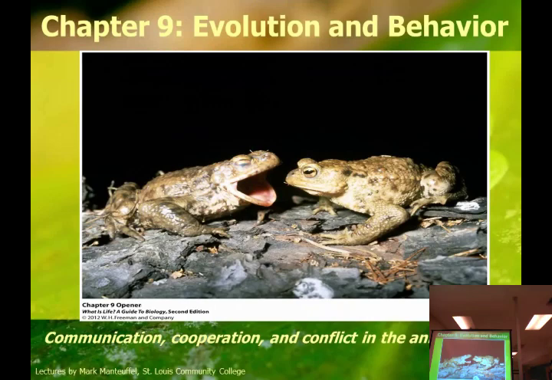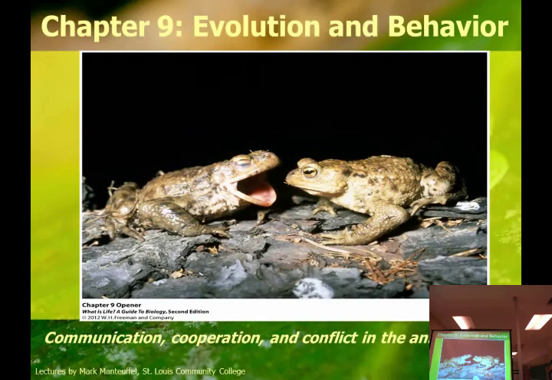So now getting past the physical structures, we're going to talk about something that I think is really cool, and this is evolution and behavior. So what parts of our behavior are passed along genetically from our parents, and what are just new things that we learn how to do?